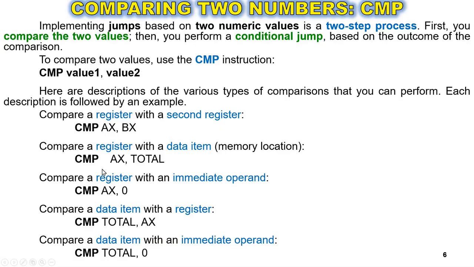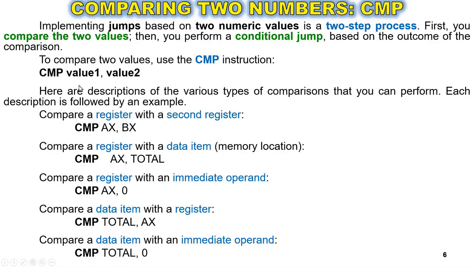Implementing jumps based on two numeric values is a two-step process. First, you compare the two values, then you perform a conditional jump based on the outcome of the comparison. To compare two values, we use this machine instruction, which is a mnemonic symbol, CMP.